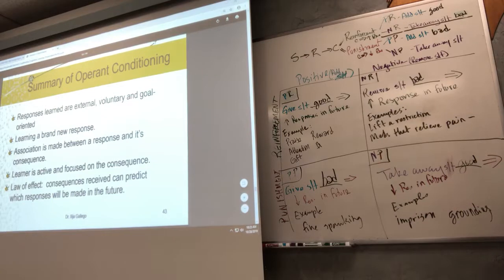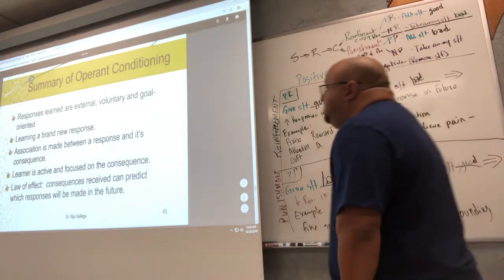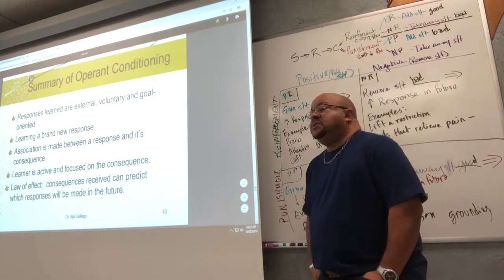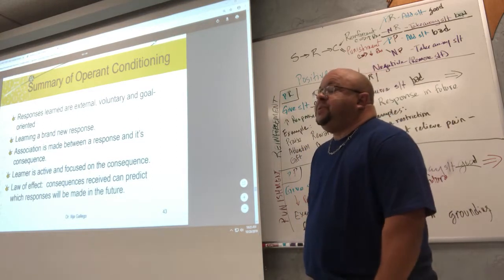The exact opposite of classical, where they are internal and involuntary. A brand new response is learned. Not like in classical, where you learn to make a response that you already knew how to do to a new stimulus. Here you're learning a response you were not born knowing how to do. The association made here is between a response and its consequence, whereas in classical, the association was between two stimuli.